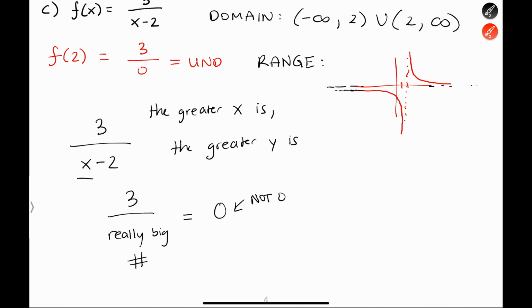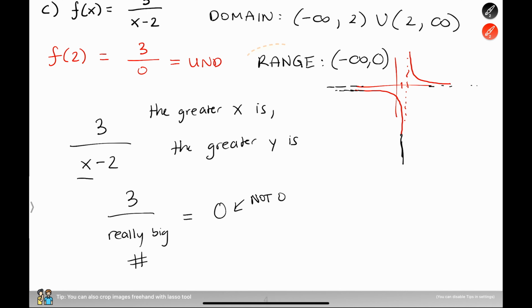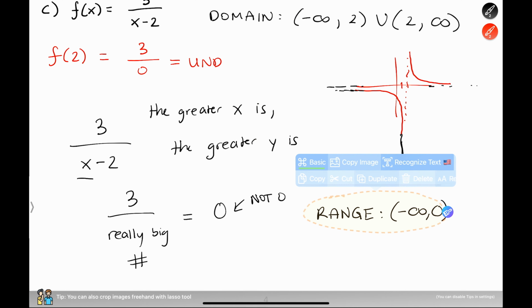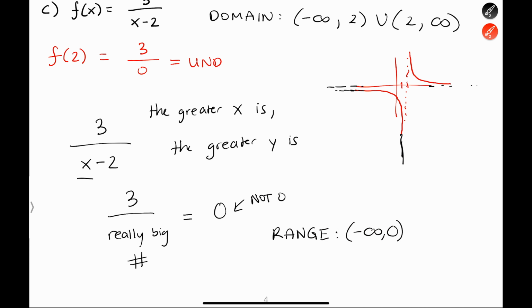And so the range is going to go from negative infinity, because we see it goes all the way down here, and then it goes to 0, but it doesn't include 0. So it goes from negative infinity to 0, and then it goes from 0 to infinity. But this graph doesn't include 0, which is why this is our answer.